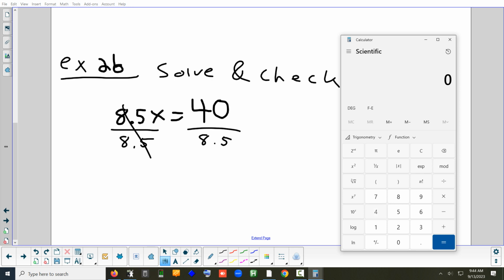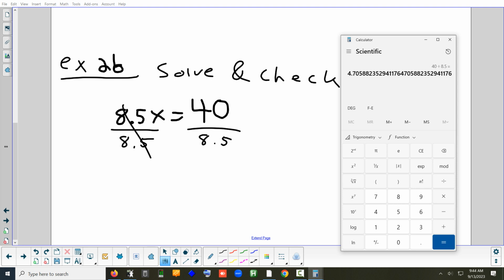4.7058 repeating. Okay, so then if we're going to round it to 2 decimal places, how would this properly round to 2 decimal places? You get 4.71.